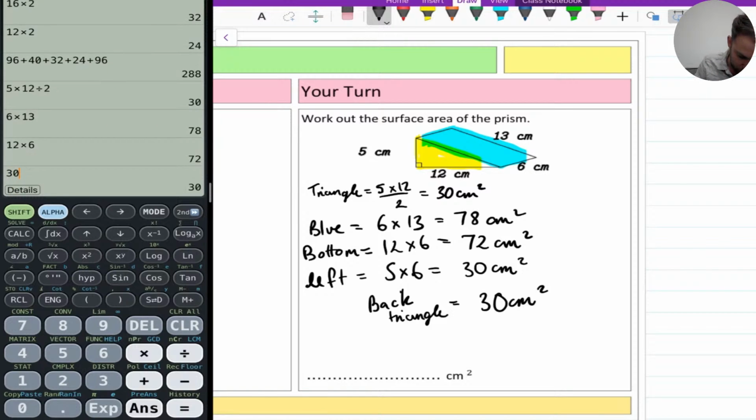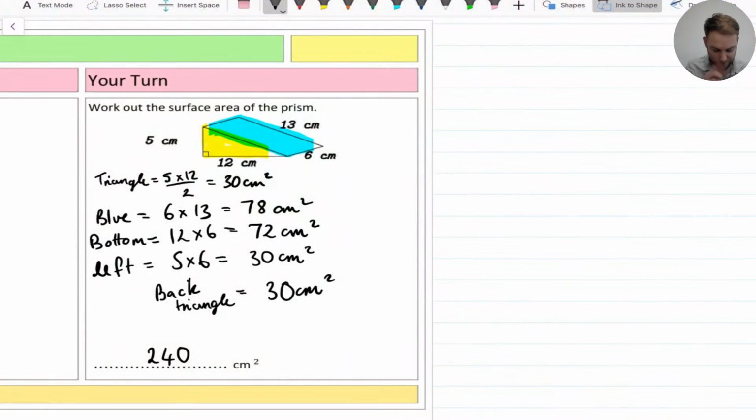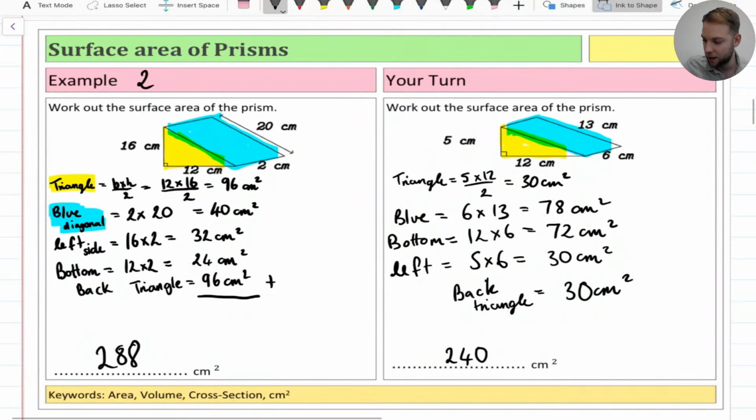So it's going to be 30 plus 78 plus 72 plus 30 plus another 30, which is equal to 240 centimeters squared. So hopefully you managed to have a go at that.